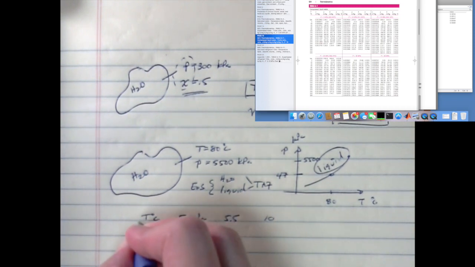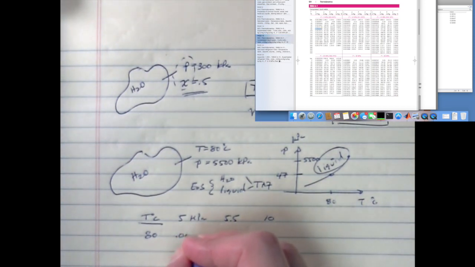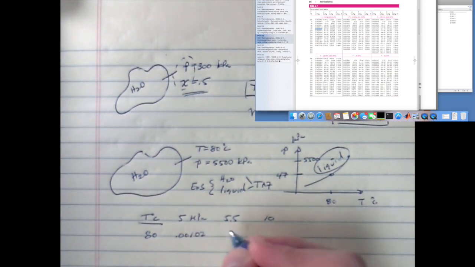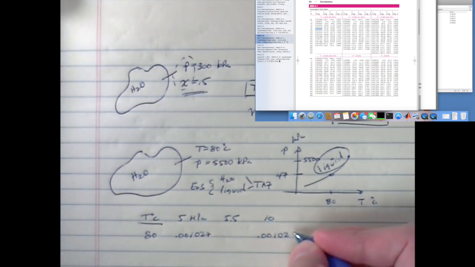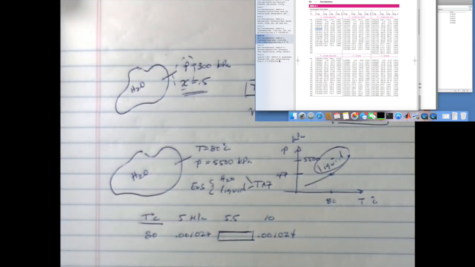Our temperature is in the table, thank goodness, of 80 degrees centigrade, so we're going to have 0.00102, and at 10 we would have 0.001024. So let's do a quick interpolation to get this number that we're looking for.